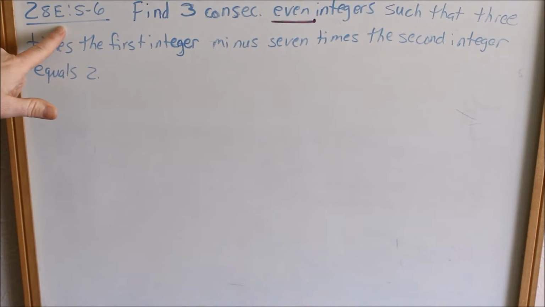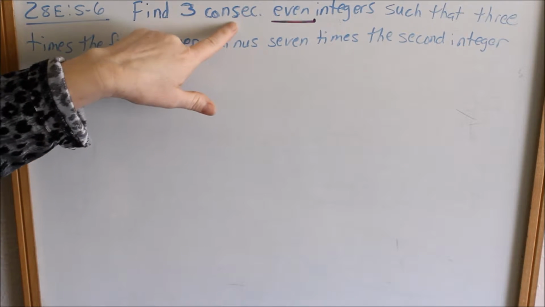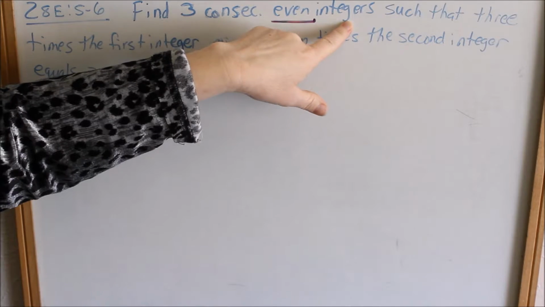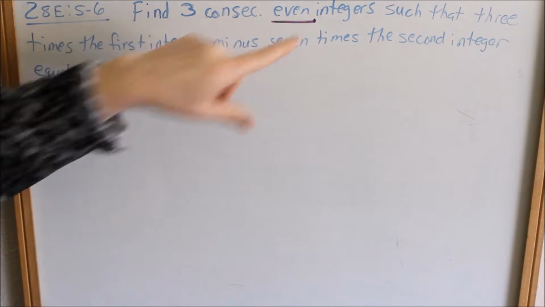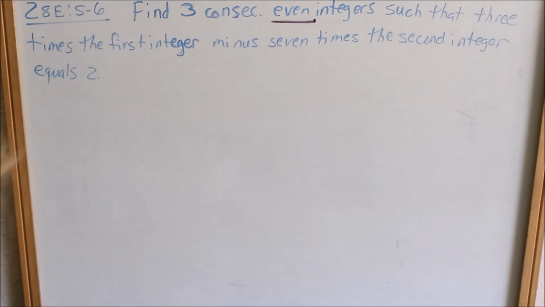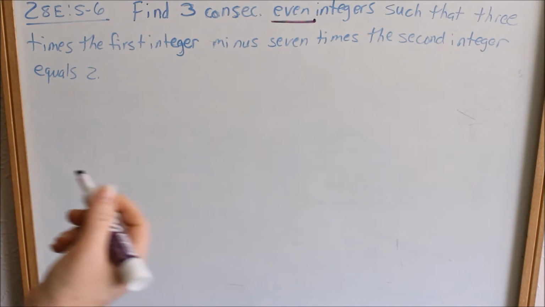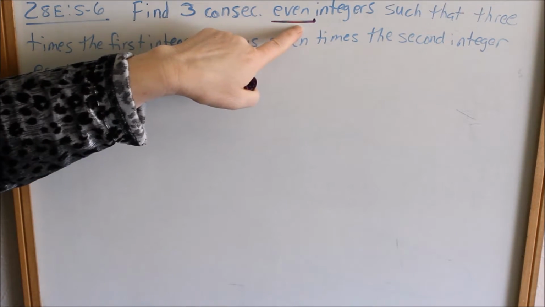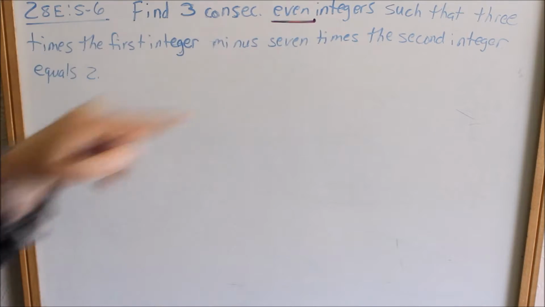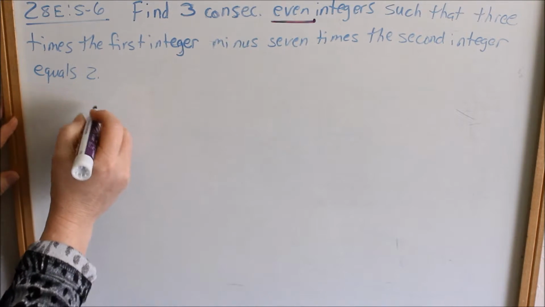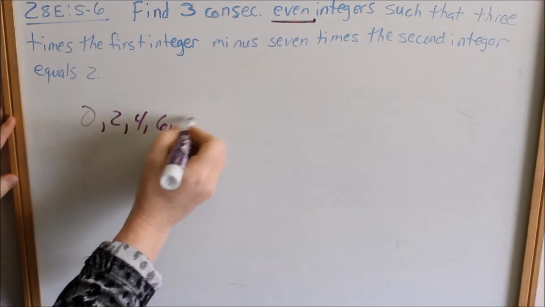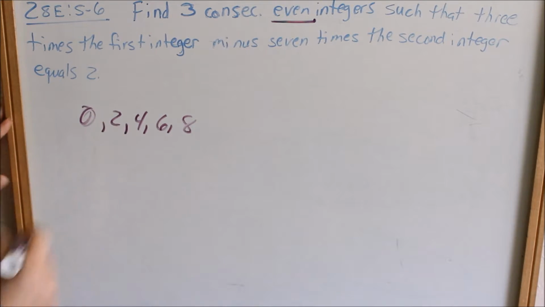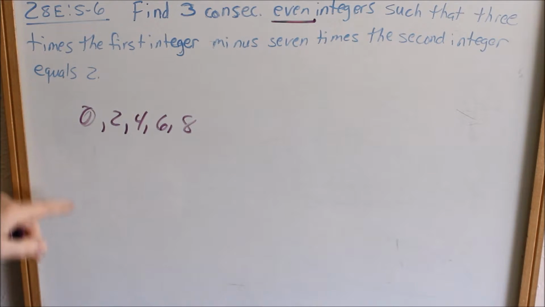Okay, we're at 28E, 5 and 6. This says find 3 consecutive even integers. I'm going to stop right there. I recommend you underline the word even. Remember, integers are whole numbers, and they can be positive or negative. What are consecutive even integers? If I'm counting 0, 2, 4, 6, 8, those are even.